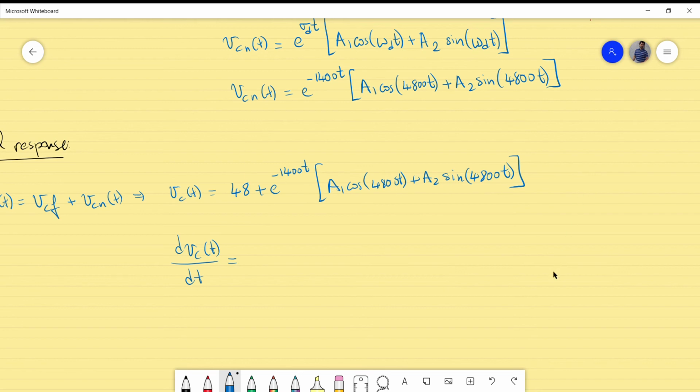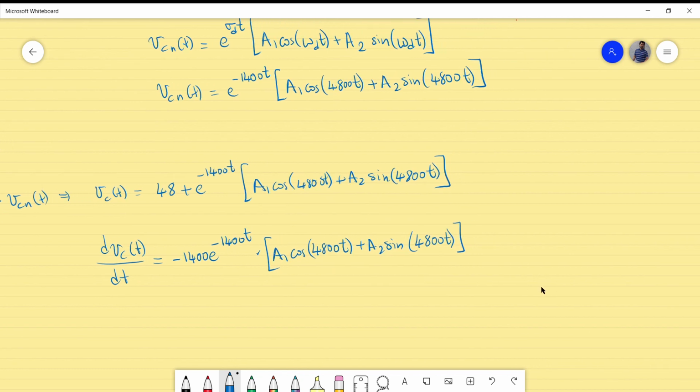So I will have the following: minus 1400 times e to the power minus 1400t times a1 cosine 4800t plus a2 sine 4800t. That's for the first part.